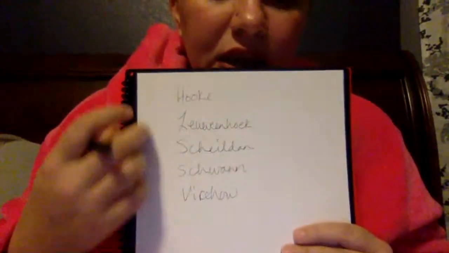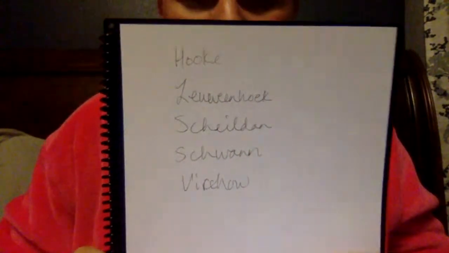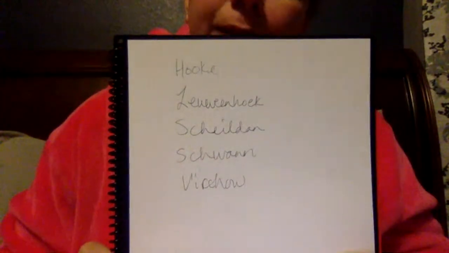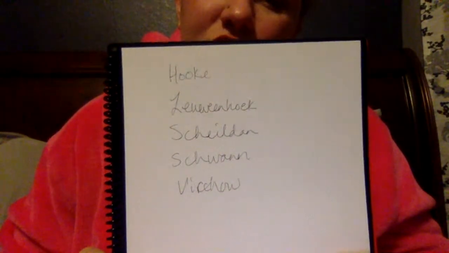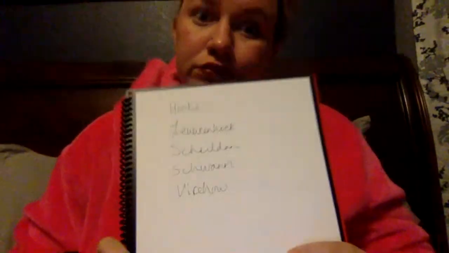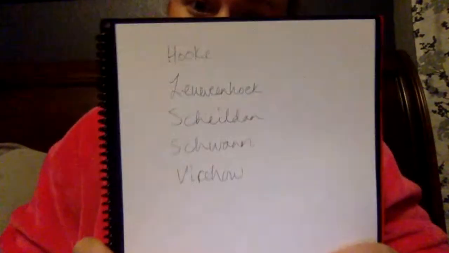Okay, so here are your scientists in order of discovery. And oh my gosh, are they also alphabetical? Yeah, they are. That's helpful. Hook, Leeuwenhoek, Schleiden, Schwann, Virchow.